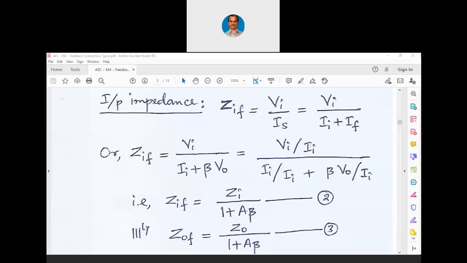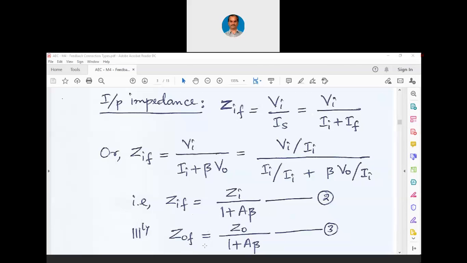So it is Vi by Ii divided by Ii by Ii plus beta into Vo by Ii. Vi by Ii is nothing but Zi, that is input impedance without feedback or open loop input impedance. And Ii by Ii is going to become 1 and beta into Vo by Ii is nothing but A beta. So we have input impedance with feedback Zif equals Zi divided by 1 plus A beta.